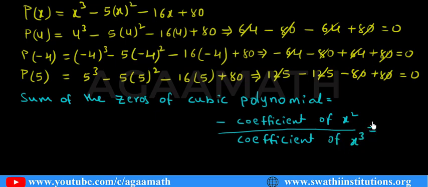It means minus coefficient of x square, that is minus 5, by coefficient of x cube, which is 1. Minus of minus is plus, so that is 5. This is what we got with the coefficients. Now I will check the sum of the zeros. Sum of the zeros is nothing but what?